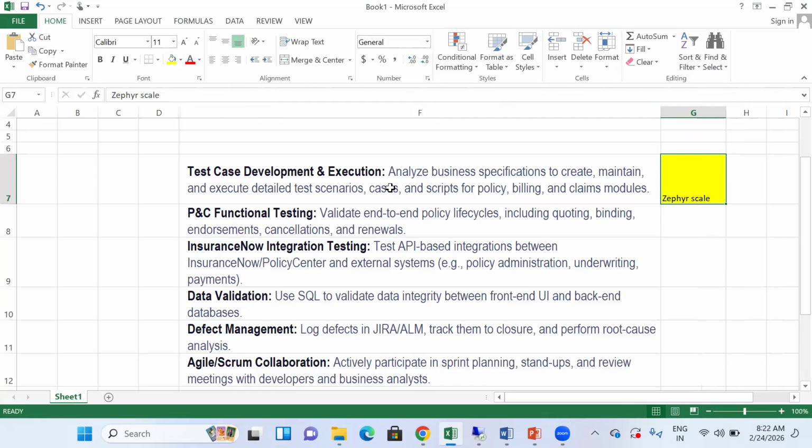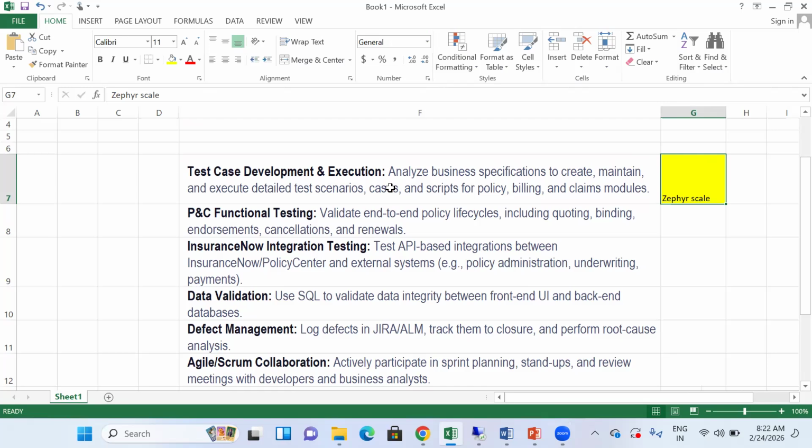Because at the end of the day, being a Guidewire tester, we must be proficient in the functional flow. It can be policy: we must be aware of the policy flow process, creations, cancellations, updations, reinstatements, all that. When you talk about the billing part, we must be well versed with billing, agency billing, premium billing, all these.